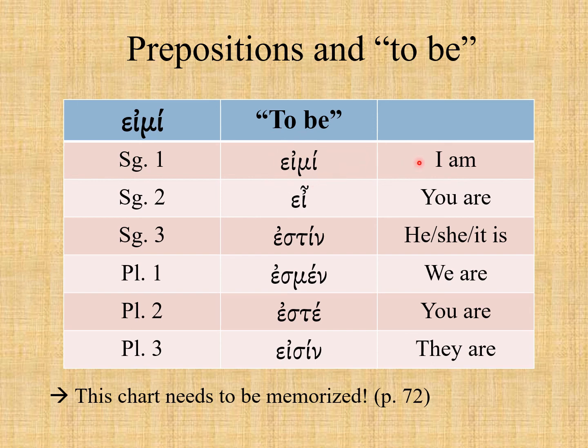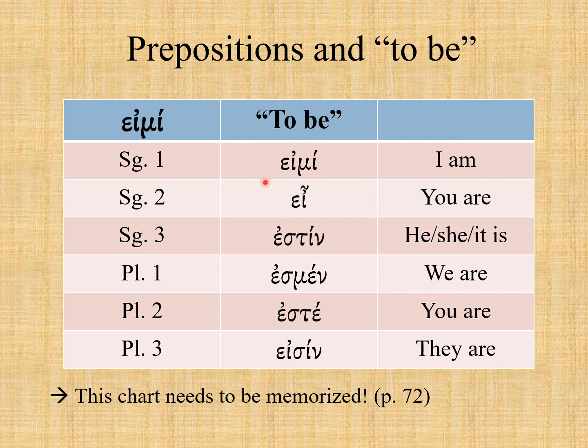So this would mean I am. Notice that a basic dictionary would always have the first person singular. You would not have the participle or the infinitive in your Greek dictionary as the model verb. So this is what you would find in the dictionary.